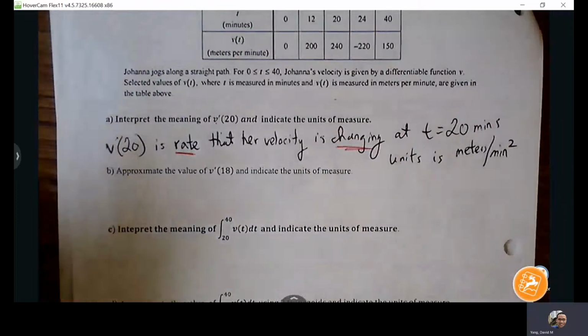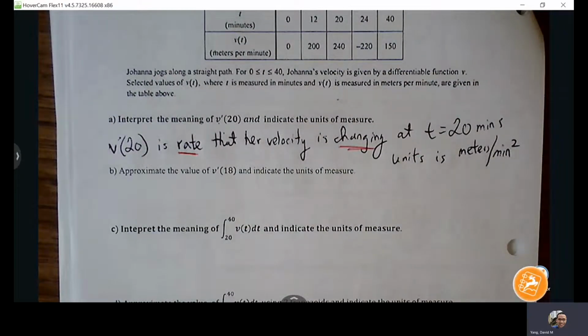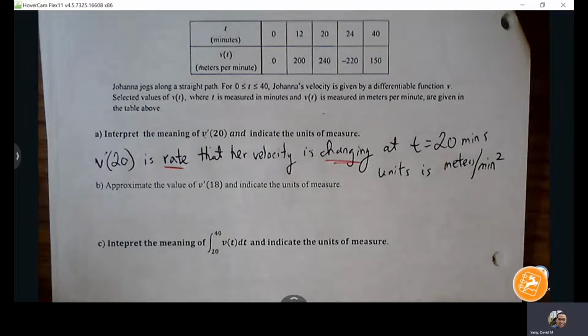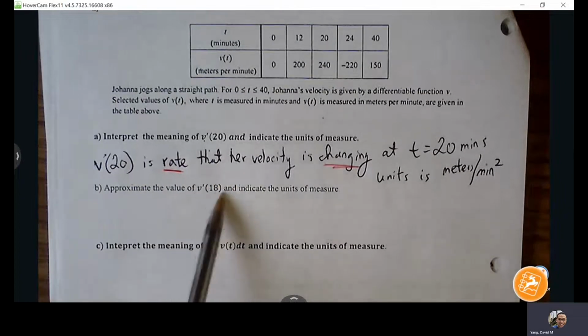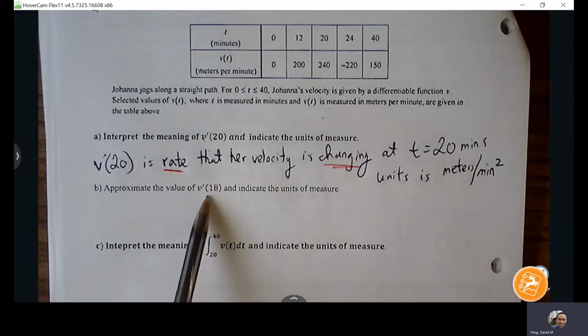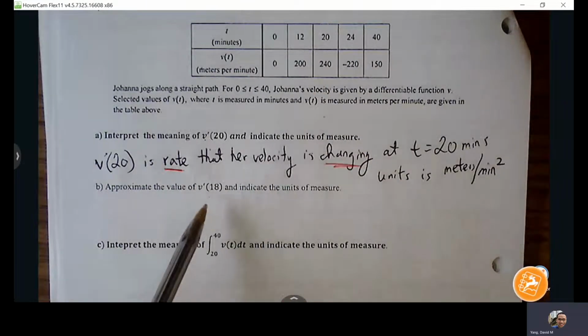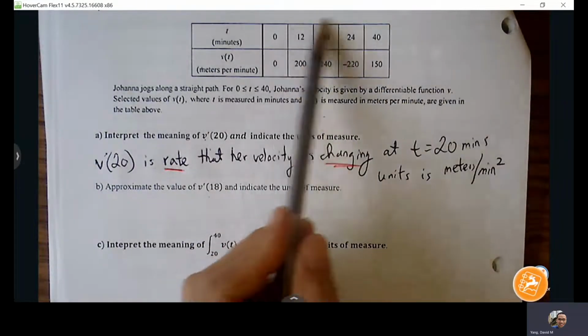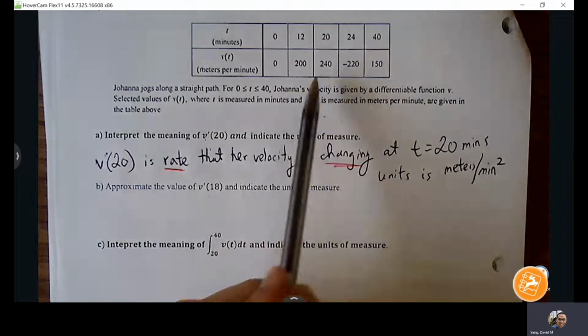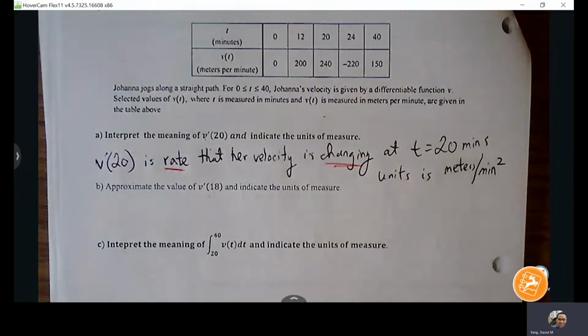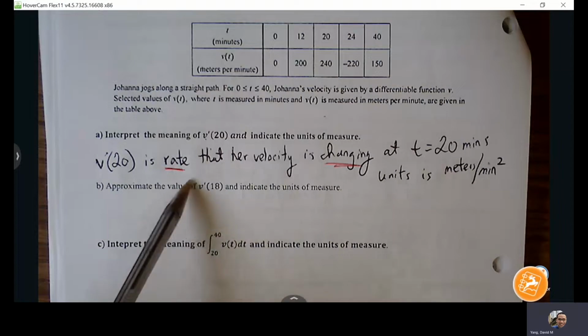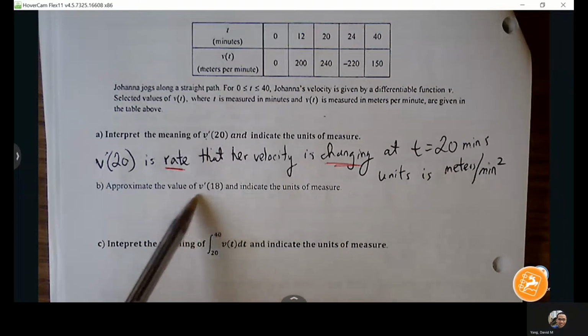Okay, part B: approximate the value of v prime of 18 and indicate the units of measure. So v prime of 18 is the derivative of velocity. We don't have a function to find the derivative, so the best thing we can do if we're given a table of values is just to find the what? Rate of change, right? What's another word for rate of change? Slope.